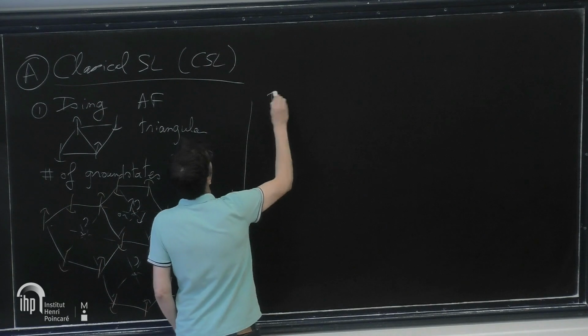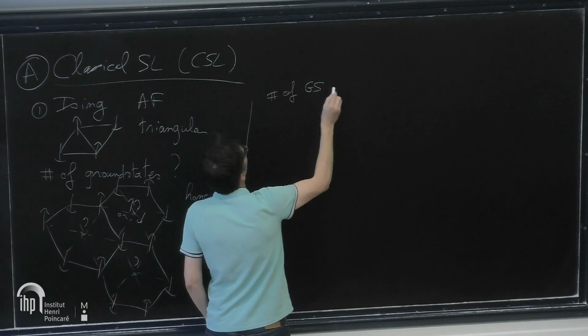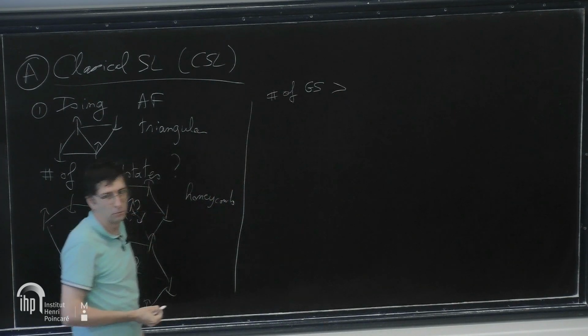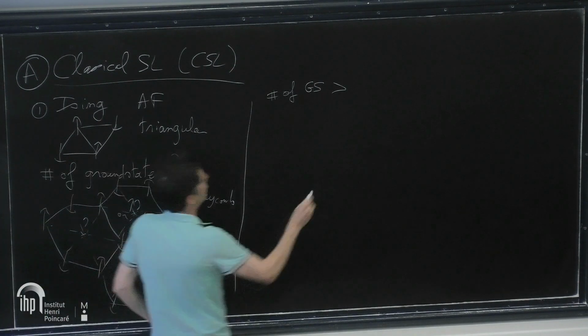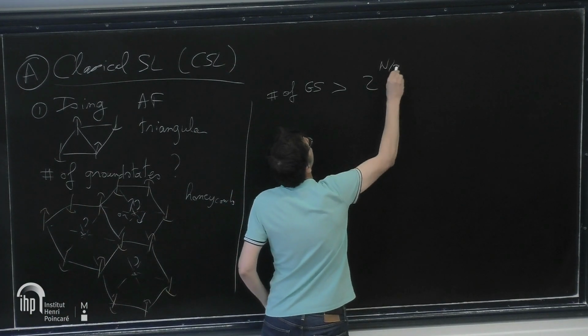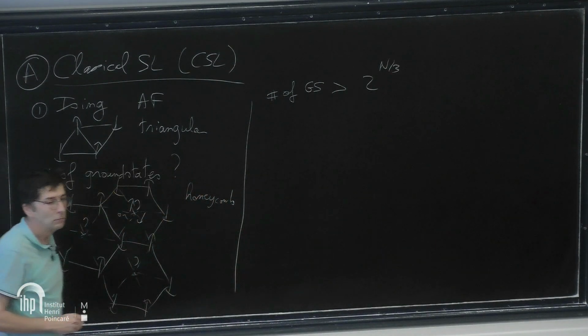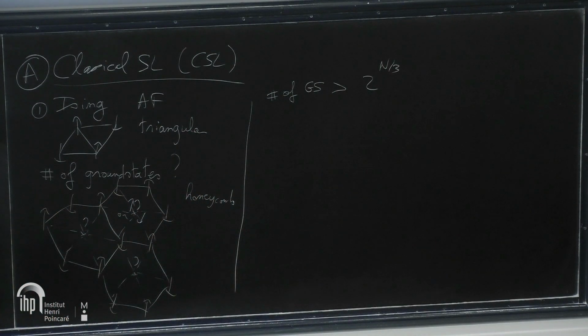So the number of ground states, for sure, is a lower bound. For sure, so you can count. How many hexagons like this do you have? If you have N sites, you have N over 3 hexagons. And for each of them, I can have up or down. So I know it's larger than 2 to the N over 3. So it's huge.